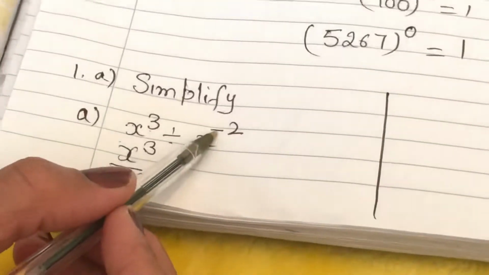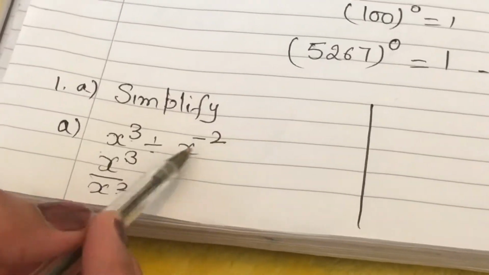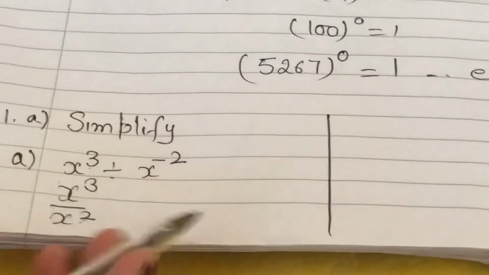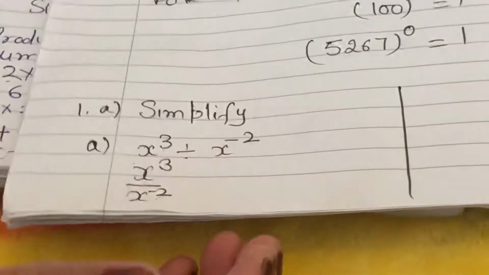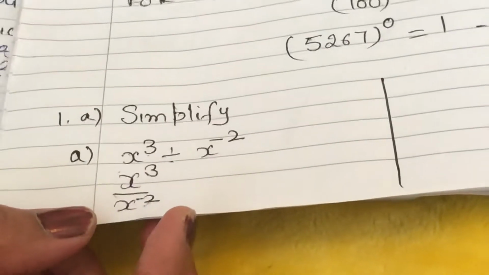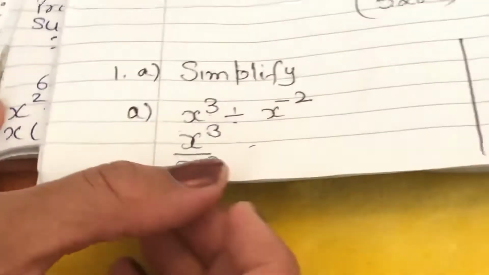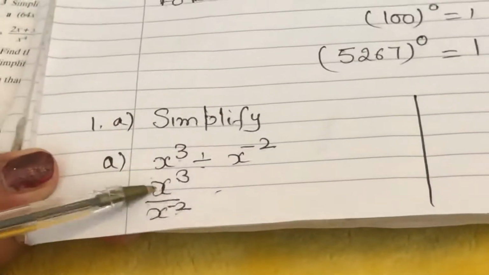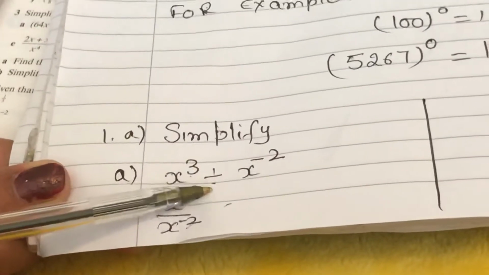Because we want to change the negative power into positive. This is x cube divided by x raised to minus 2, because this is the negative sign.